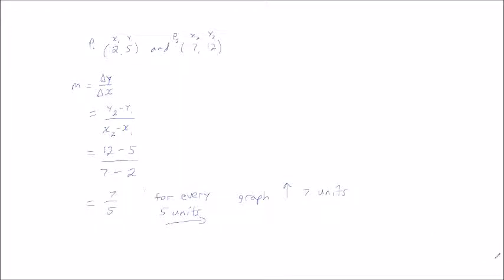If we have some other scenario, we've got another line that crosses through 2 other points. The line passes through points, say, (-5, 8), and let's say it passes through (3, -6). So a line is passing through those 2 points.